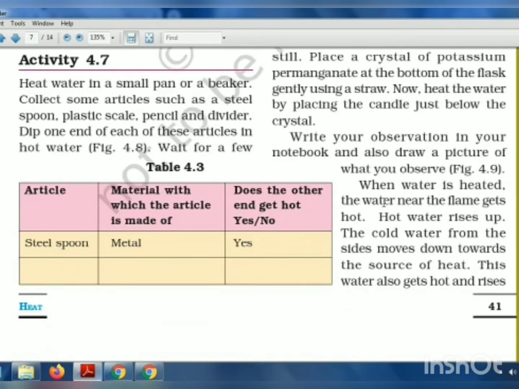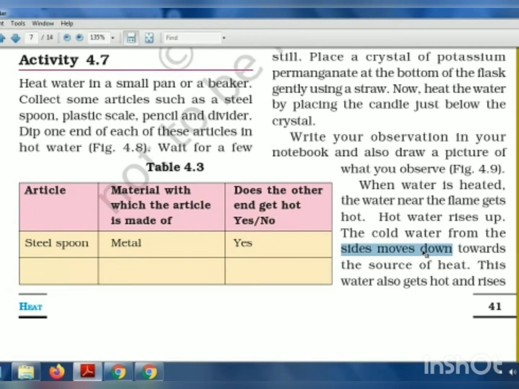Now what will happen is, when the water is heated, the water near the flame gets hot. As I told you, the water near the candle will get hot. That hot water rises up, and the cold water comes from the sides of the container. There is cold water at the sides because only the water where the candle is placed is getting heated up.